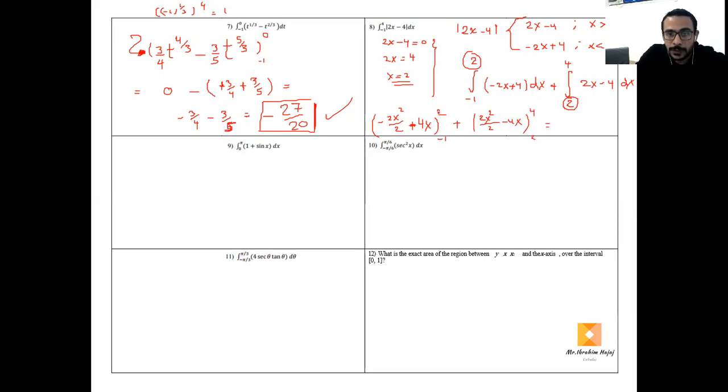In the first one, when you substitute 2, you can cross out 2 with 2, so negative 4 plus 8, which is 4.